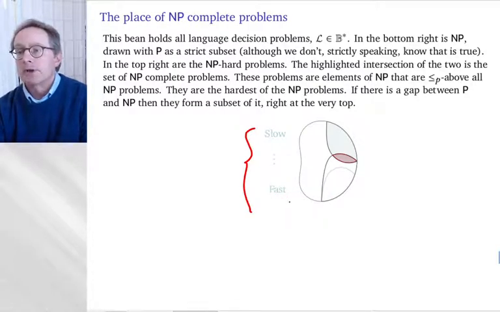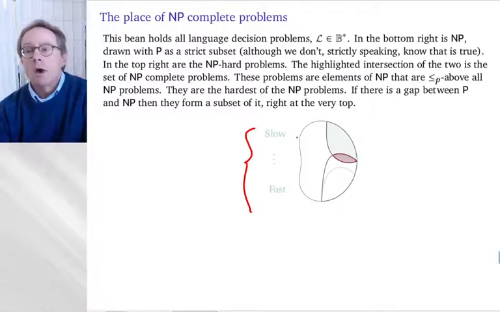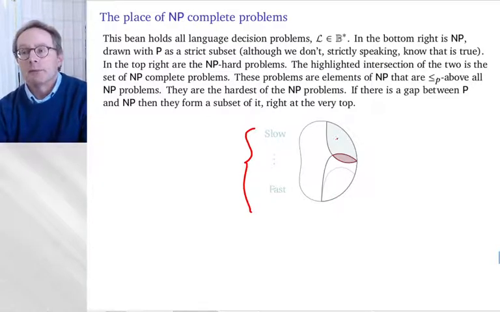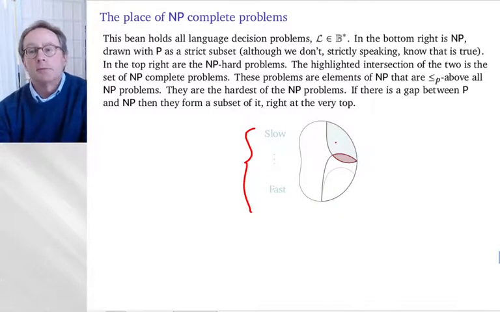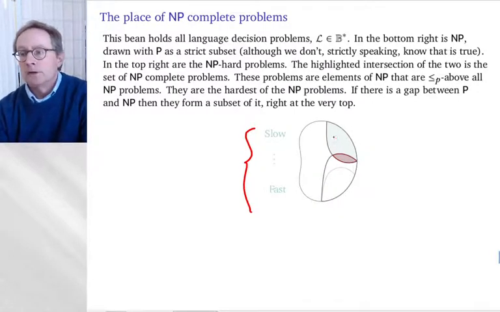The problems for which there is an algorithm that runs in time big O of log n, or big O of n log n, or some pretty fast algorithms are down at the bottom. Problems for which the algorithm is very slow are up at the top. For example, you might imagine a problem for which the best algorithm is exponential or super exponential is up here somewhere.